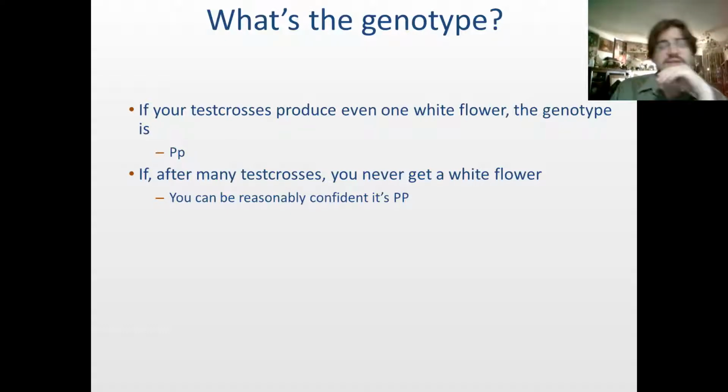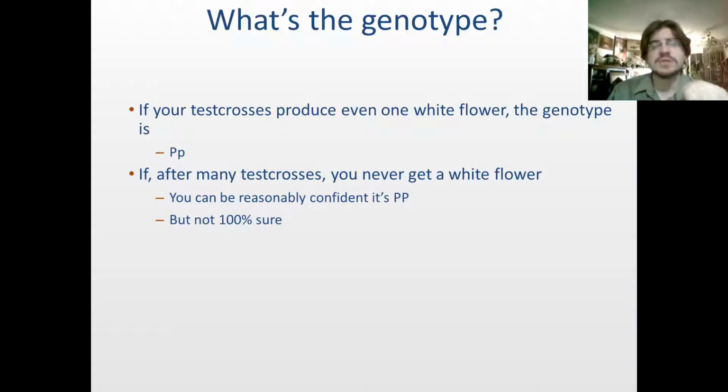So there is in fact a random chance that in 20 test crosses you could never get a white flower, because, well, 50-50 chance of any particular offspring being purple or white. You could just suddenly hit a streak of purple flowers. So you're never 100% sure if after many test crosses you never get a white flower. However, you are 100% sure if after your test cross you get one white flower.